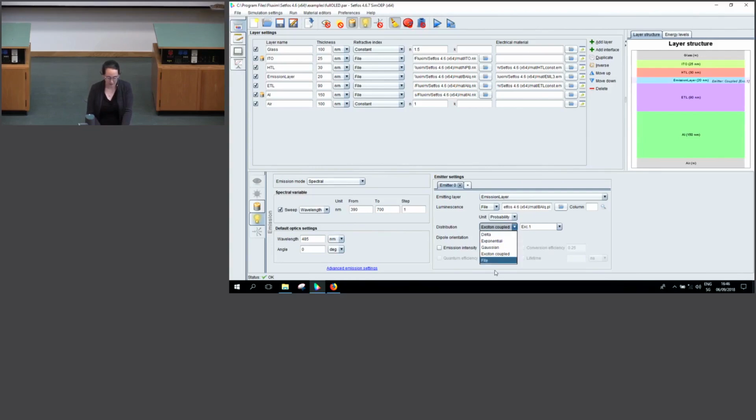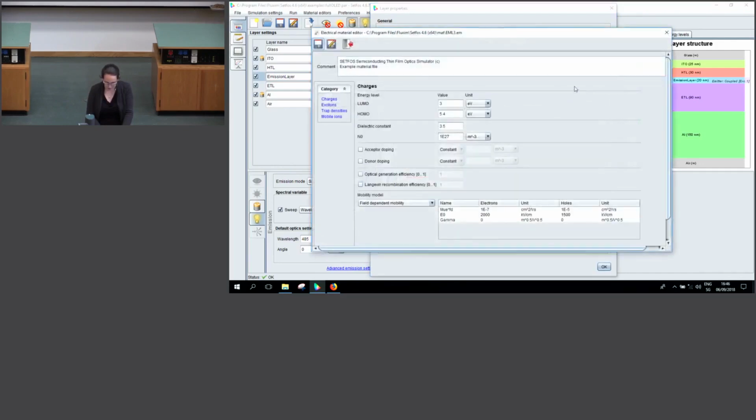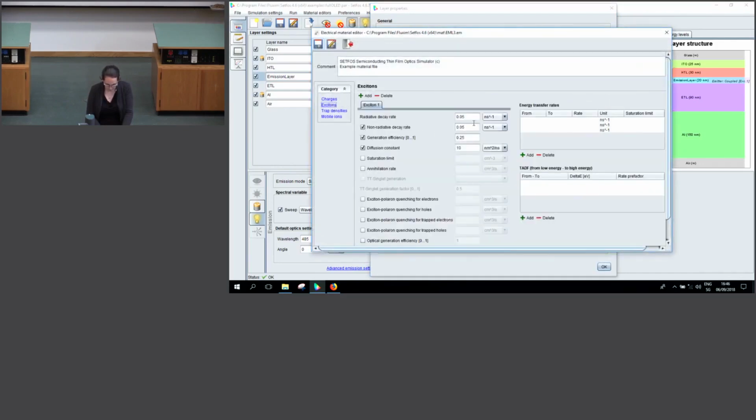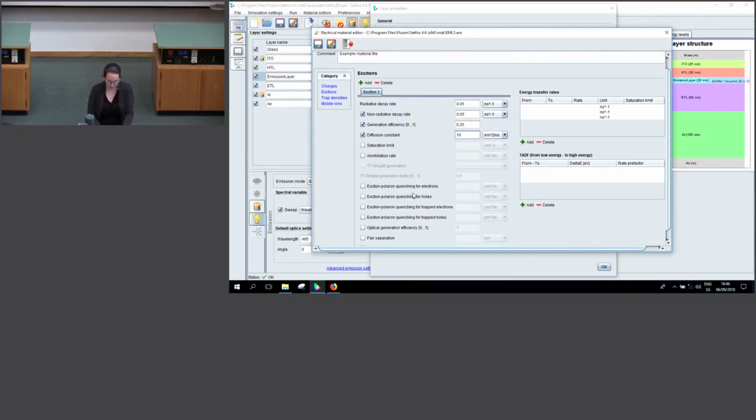Before we had delta emitters or exponential or Gaussian or file, and now we just couple it to the excitons. And to define the exciton parameters, you can again go into this material file. And then you see it's the really basic example, just one exciton with a certain radiative rate and non-radiative rate. It seems to be a singlet exciton, so it's generated with 25%, and there is some diffusion. And here would be all the other parameters like exciton polaron quenching, and so on.